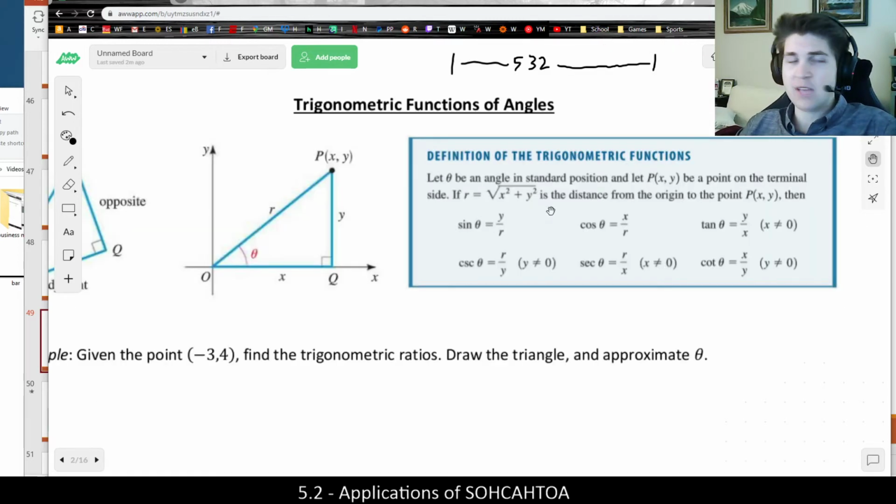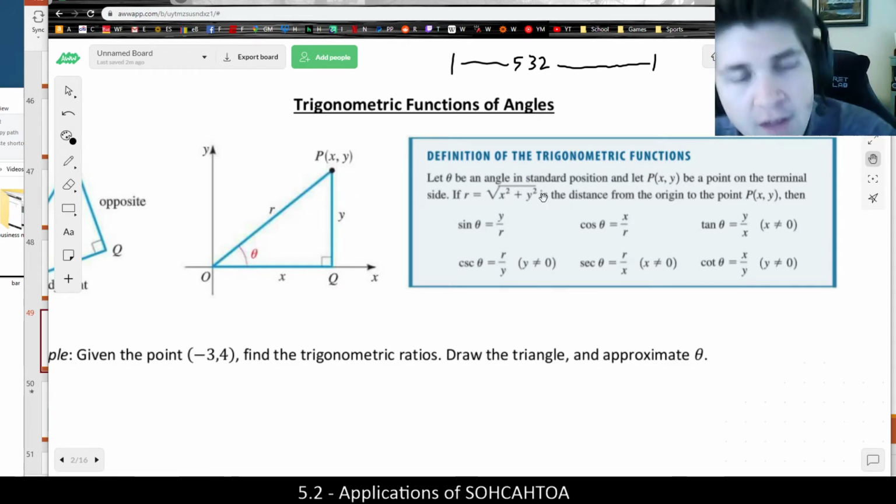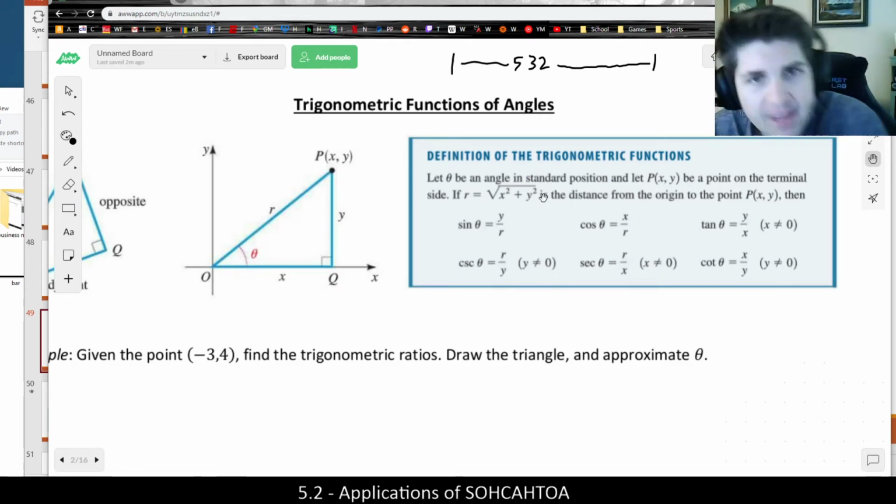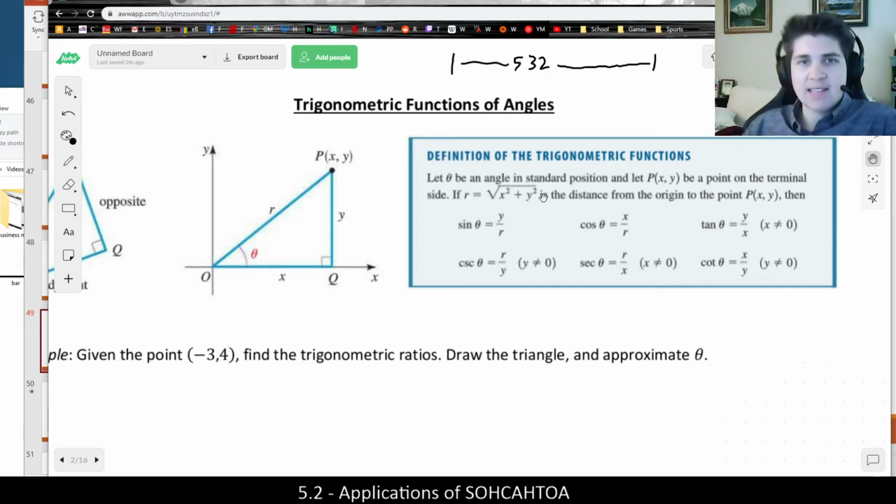If we look at the sine and the cosine of the angle that this point forms with the x-axis in standard position, notice that the definition shifts just a little bit. On the unit circle, sine was always y, cosine was x, tangent was y over x. Tangent is still the same, but sine is y over r, cosine is x over r.